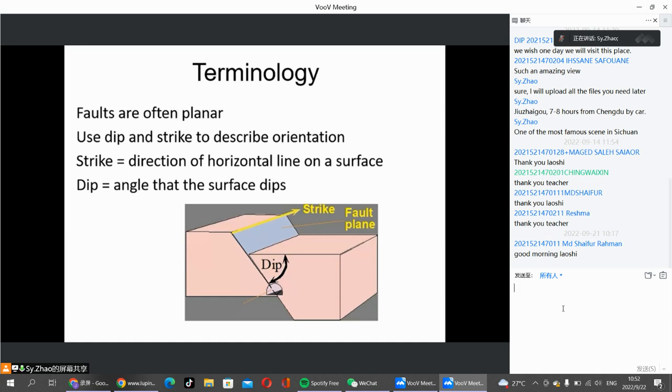So if we design a tunnel or bridge on the hill slope or the relevant constructions, we need to pay attention to the faults and the nearby rocks. They might be very fragmented and disintegrated.